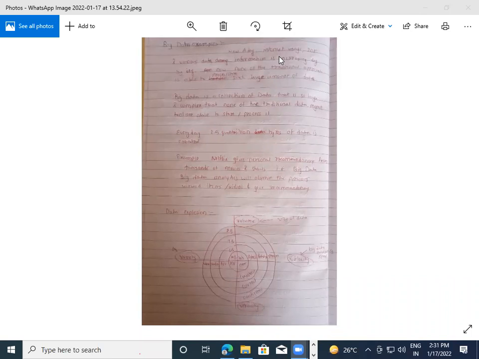So that is an example of big data. Big data is a collection of data that is so huge and complex that none of the traditional data management tools are able to store or process it.